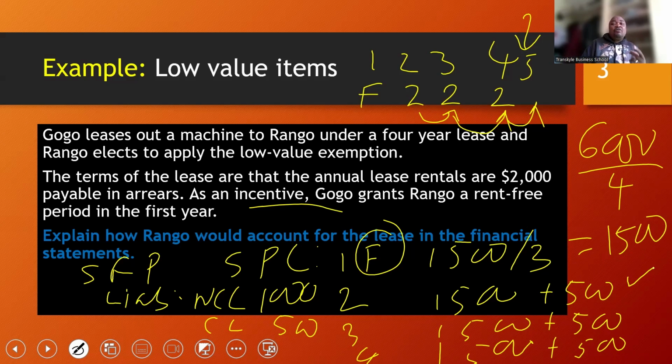But this accrual, in essence, is talking of monies, all of which cannot be paid in the coming year. The 500 will be paid in the coming year, but the 1,000 will be paid after year 2 and 3. That is in year 3 and 4. Am I talking sense? Or somebody has been confused?